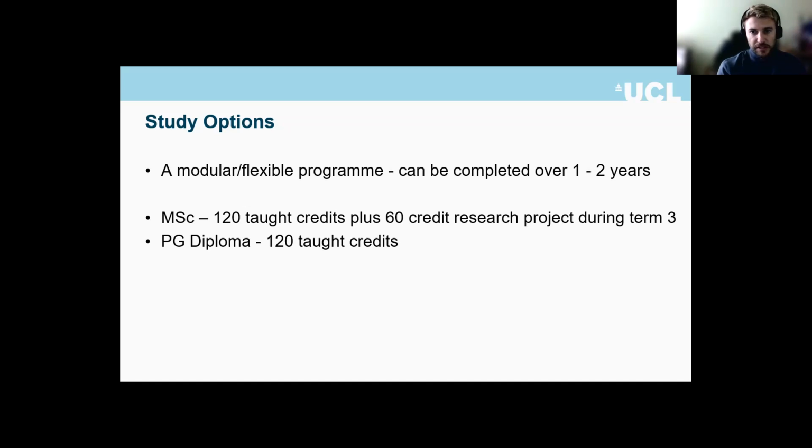And when I say independent, I don't mean completely on your own. Obviously, you'll have supervisors from within the institute, and these supervisors will be very engaged with your project because they will have either proposed it themselves or worked it up with you. But this is to try and prepare you for further independent research. And so if you do that, that is the MSc route.